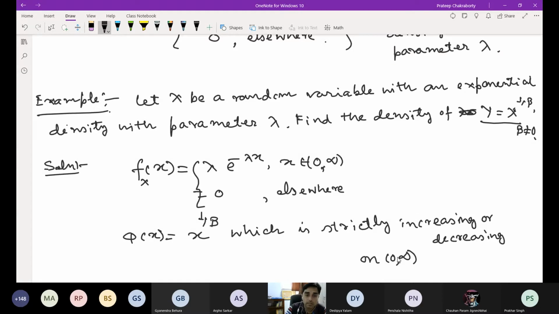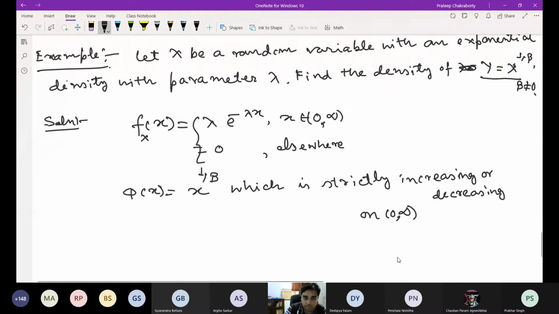This transformation is either strictly increasing or decreasing, depending on whether beta is greater than 0 or less than 0. So here y is equal to x power 1 by beta.